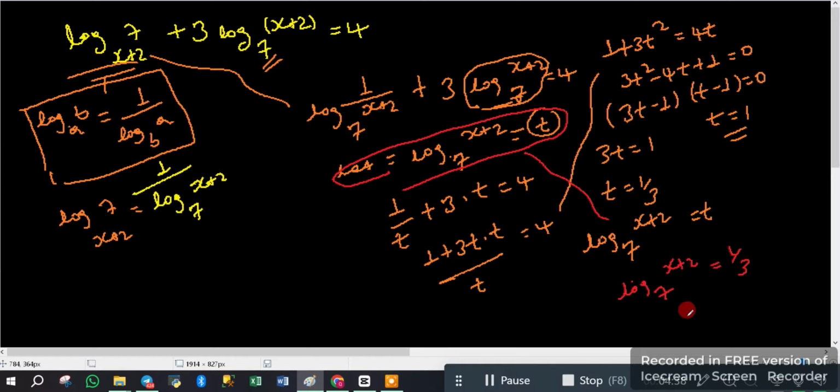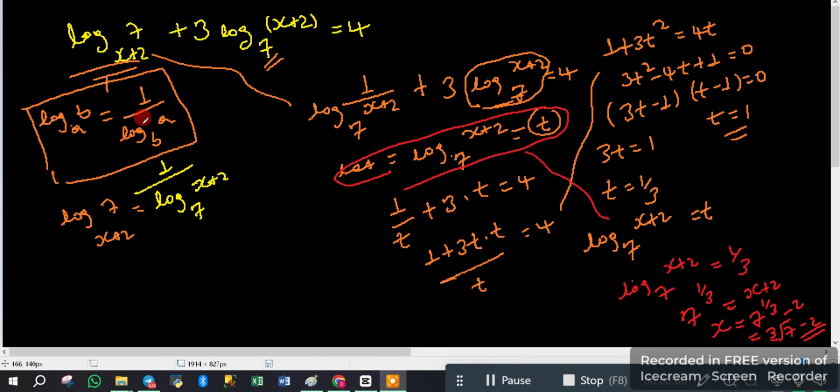So it will be 7 to the power of 1 over 3 is equal to x plus 2. Then x is equal to 7 to the power of 1 over 3 minus 2, which means the cube root of 7 minus 2. So this is the first solution.